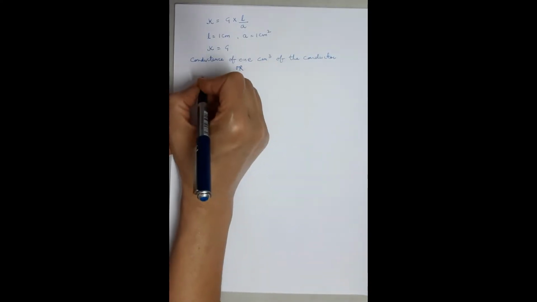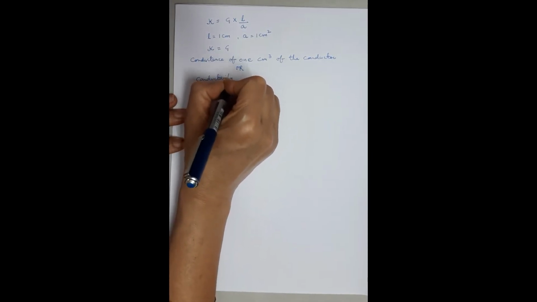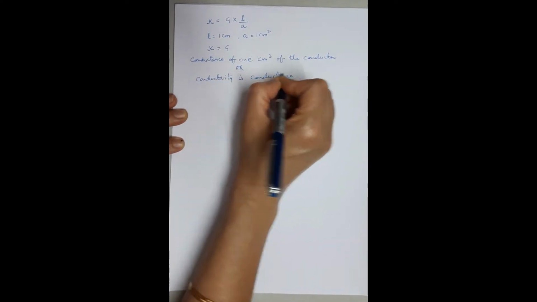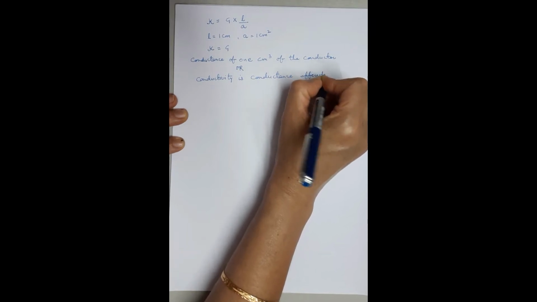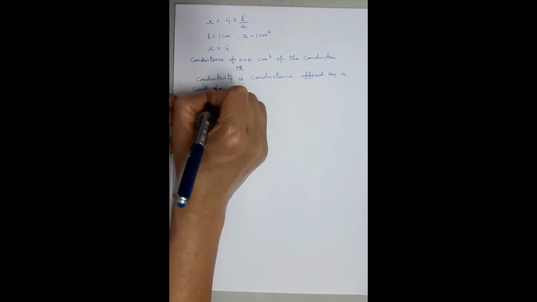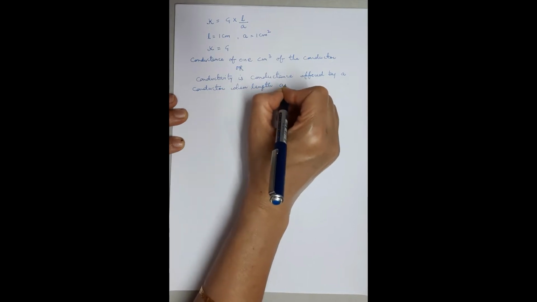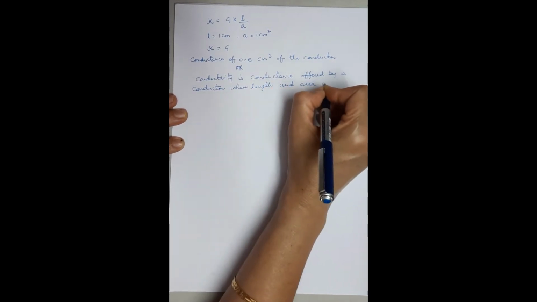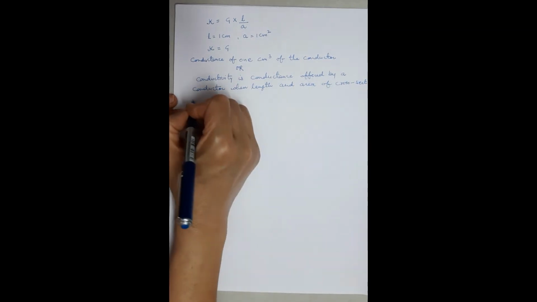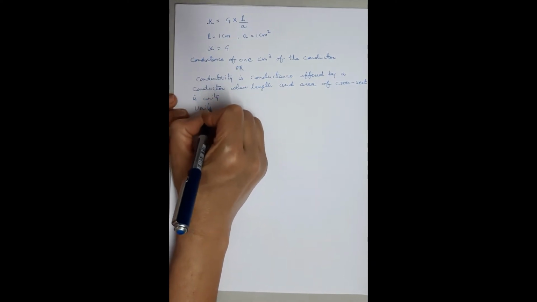Whereas you can also say conductivity is conductance offered by a conductor when length and area of cross section is unity. What are the units of conductivity?